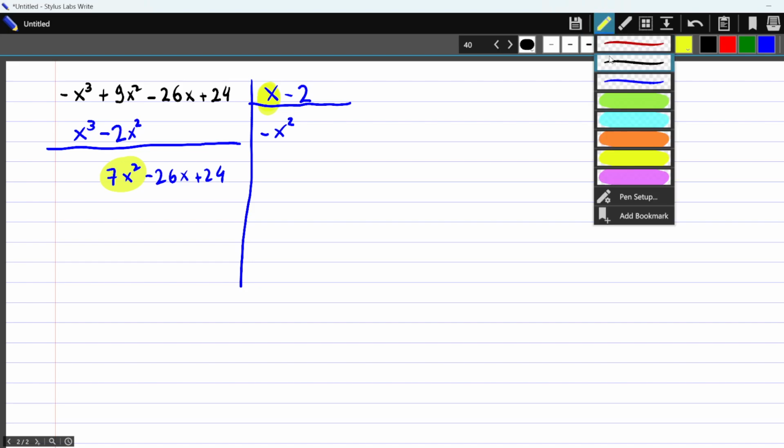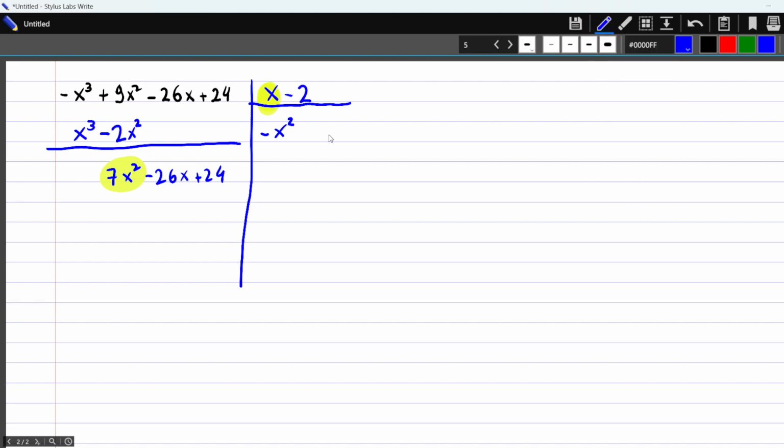And the answer is, can you find it? Plus 7x. 7x times x is 7x squared, so I put down here the exact opposite, minus 7x squared. And then this one times this one is minus 14x. So down here I put the exact opposite, that's plus 14x.